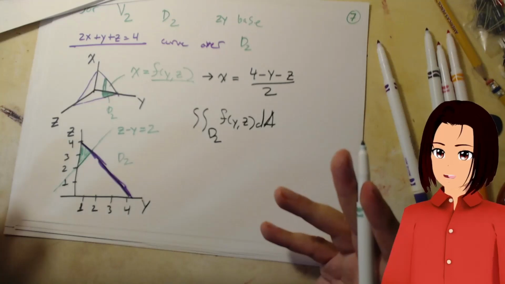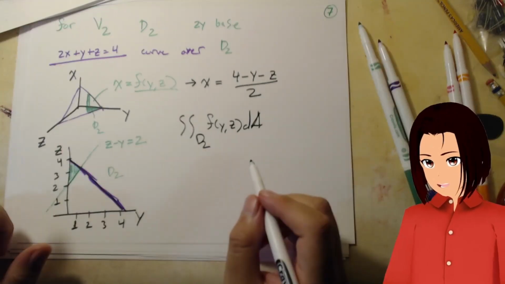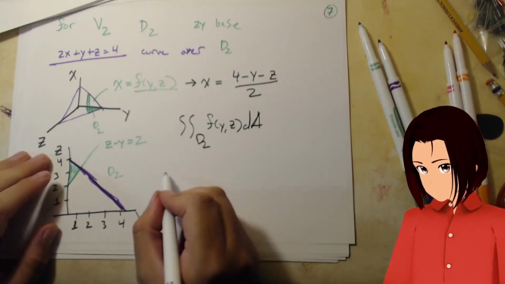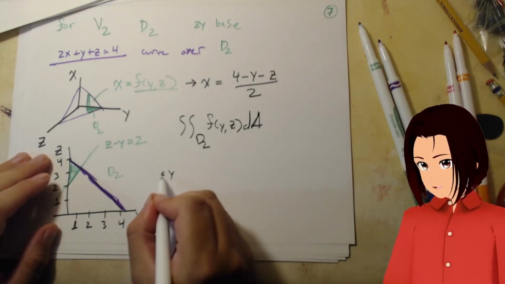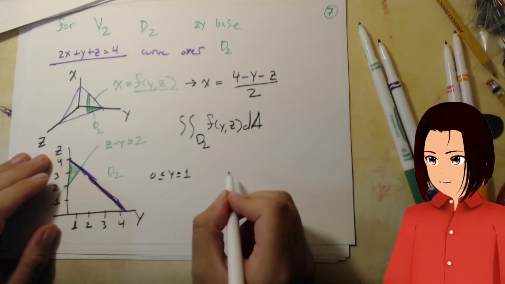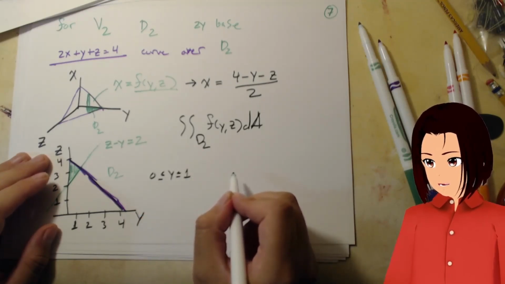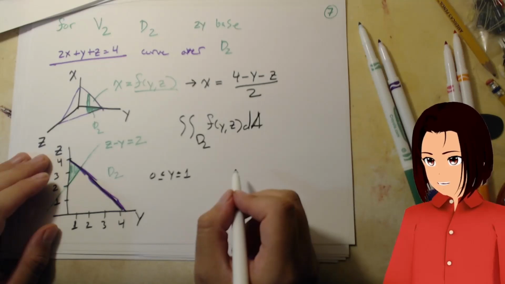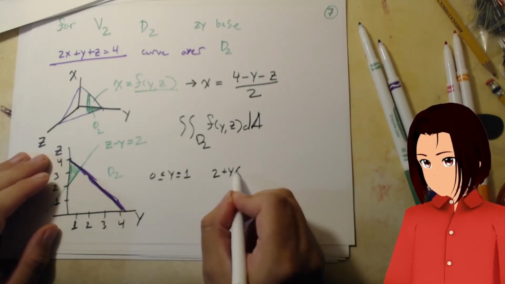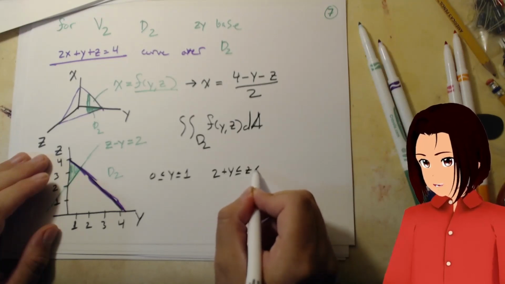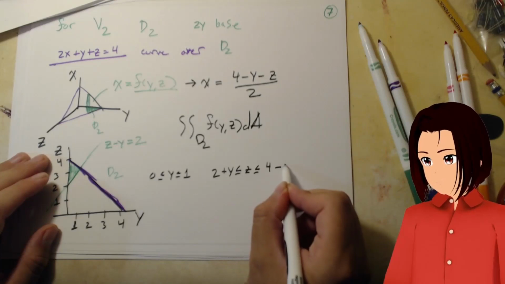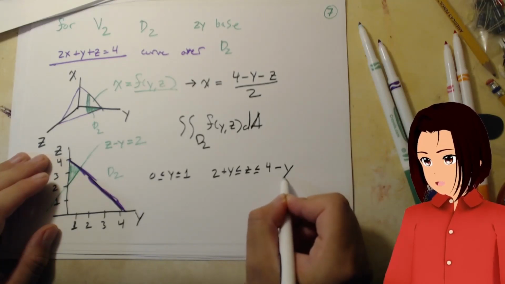So finally, we can set up the integral. To clarify, our y boundary is from 0 to 1. And our z boundary is defined as from 2 plus y, z is greater than that and less than 4 minus y.